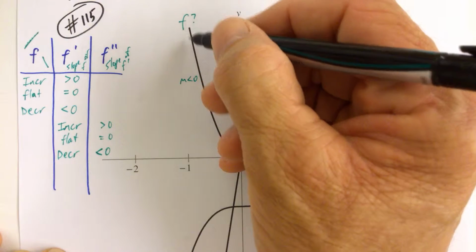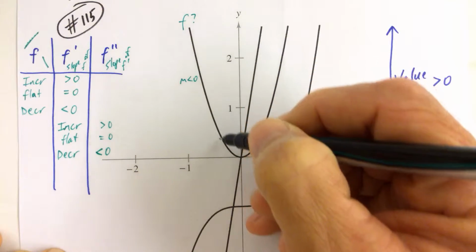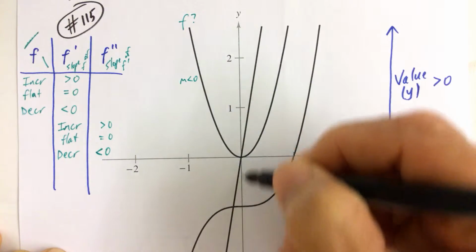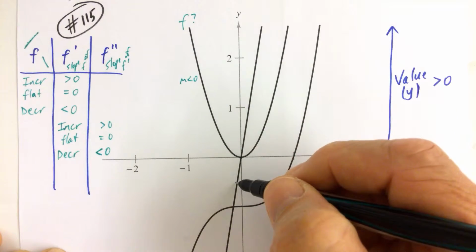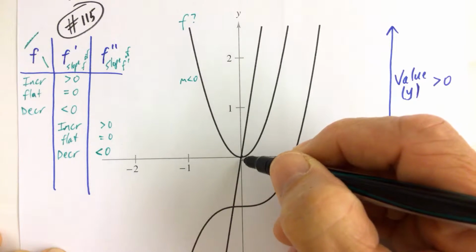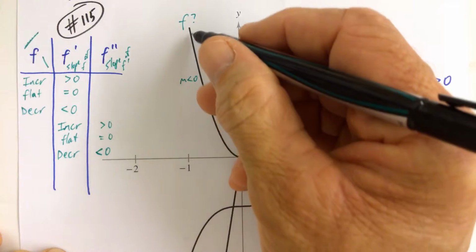That means the derivative graph would have to be under the x-axis until we get to there. So we see this line right here is under the x-axis, which means the value of this function is negative. That coincides with the derivative, or the slope, of this.